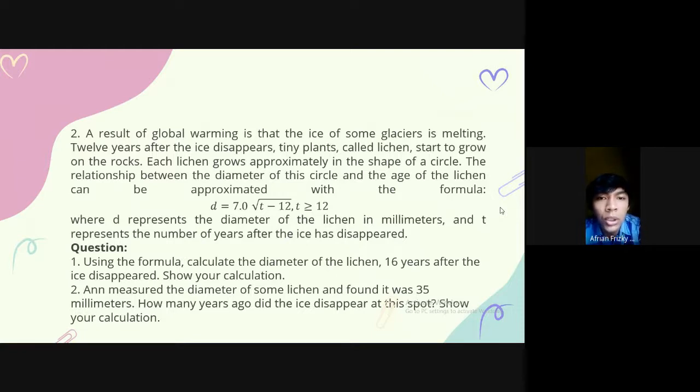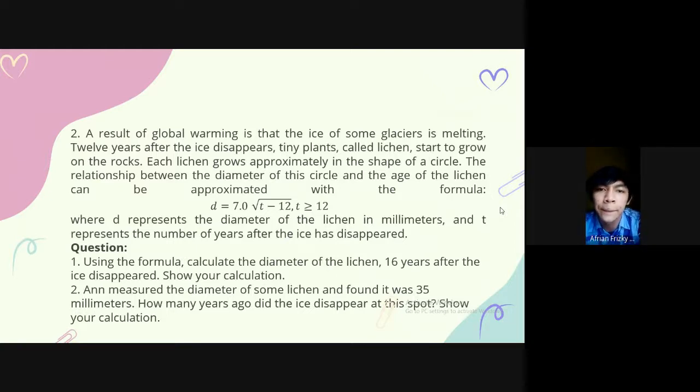The question is: using the formula, calculate the diameter of the lichen 16 years after the ice disappeared. Show your calculation. And the second, Ann measured the diameter of some lichen and found it was 35 millimeters. How many years ago did the ice disappear at this spot? Show your calculation.